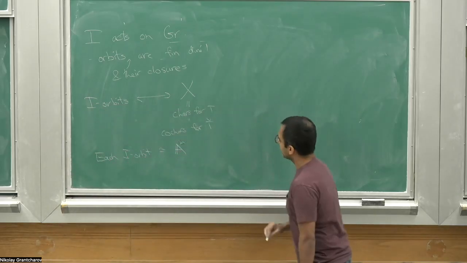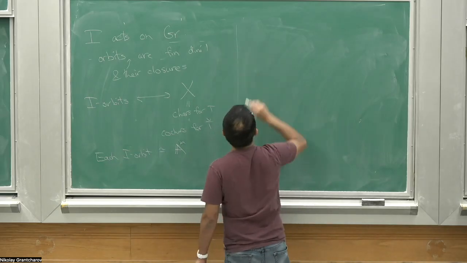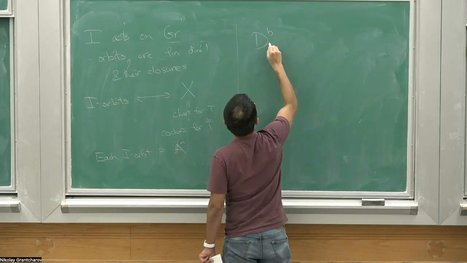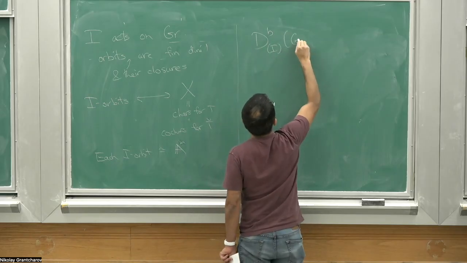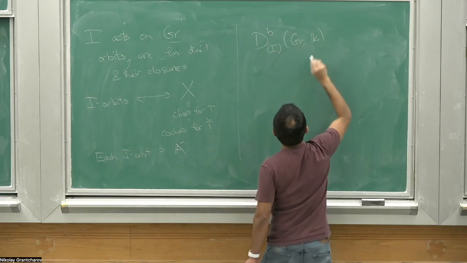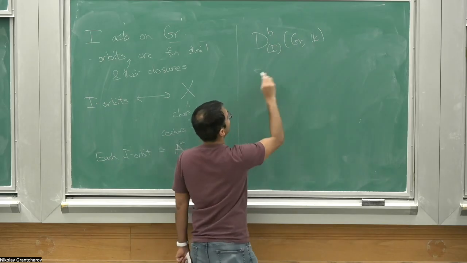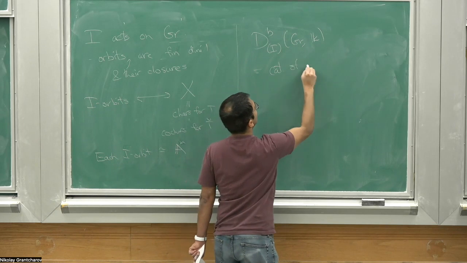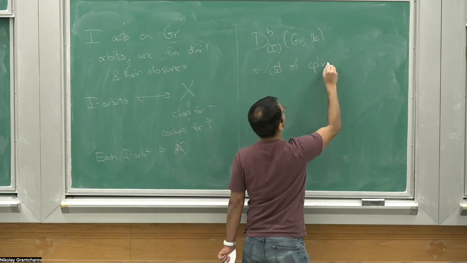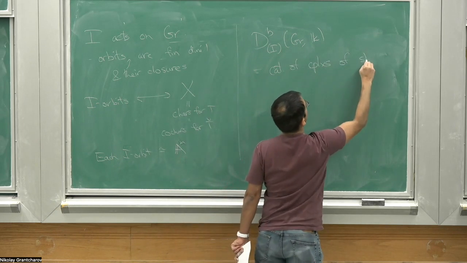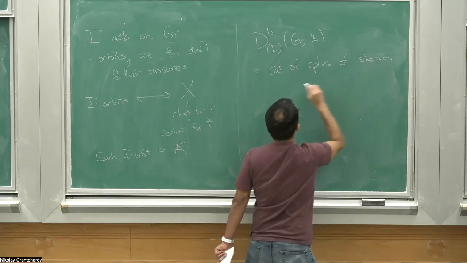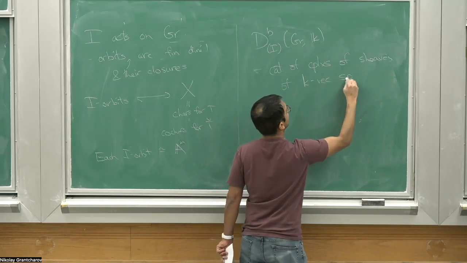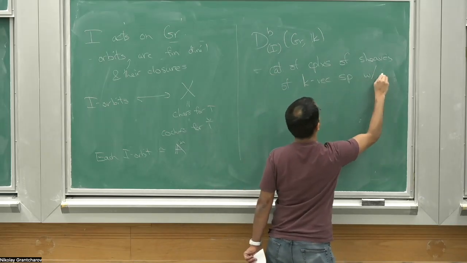So I'm going to define D^b(I\K) to be the category of complexes of sheaves of K vector spaces with the following properties.